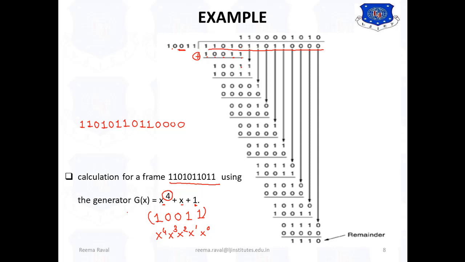So if both are equal then output is 0, and if both are different output will be 1. So 0 XOR 1 is 1, 1 XOR 1 is 0, 0 XOR 0 is 0, 1 XOR 0 is 1, 1 XOR 1 is 0. Okay, now we need to carry forward the next bit down like this. So 1 is taken over here.